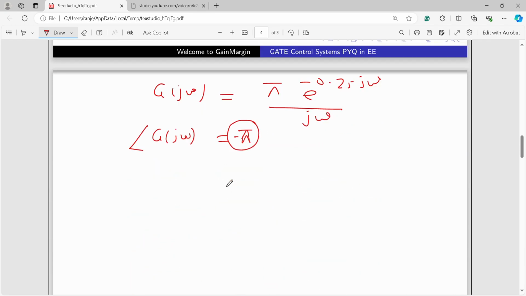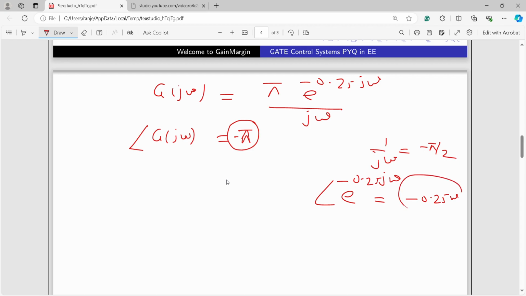Here, what is the contribution of angle? The 1 by j omega term, I am writing in radian form, contributes minus pi by 2. And the other term, e to the power minus 0.25 j omega, contributes an angle of minus 0.25 into omega.